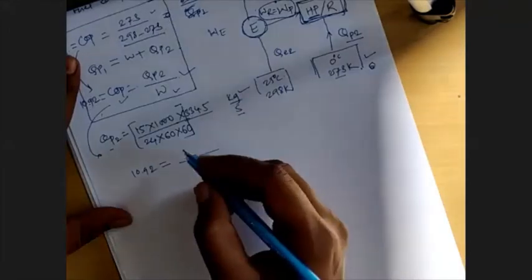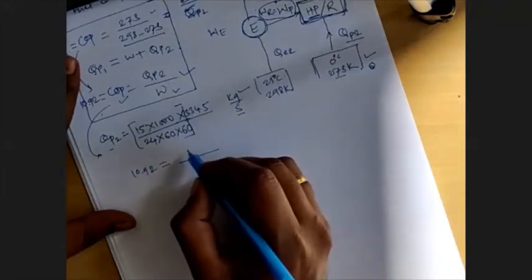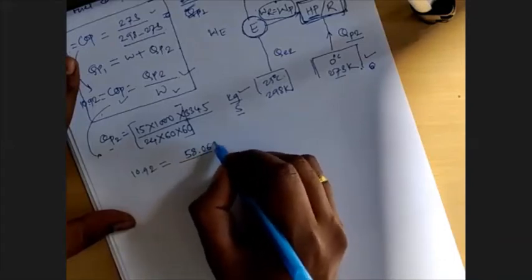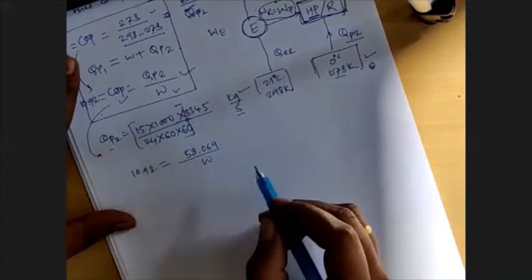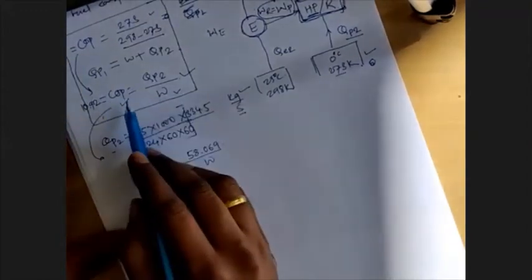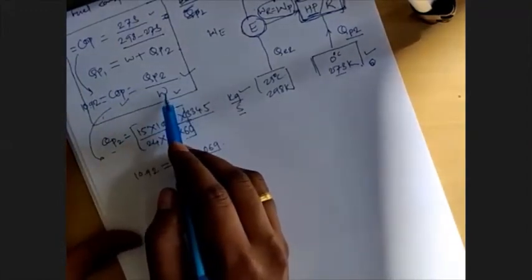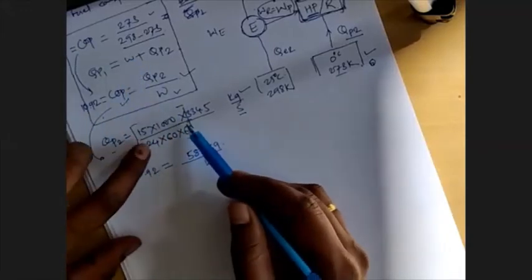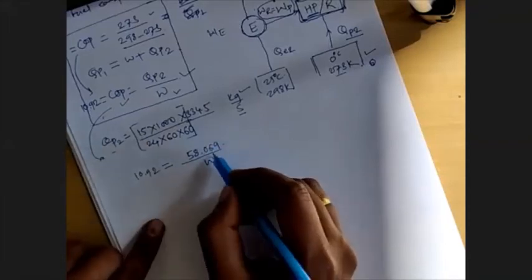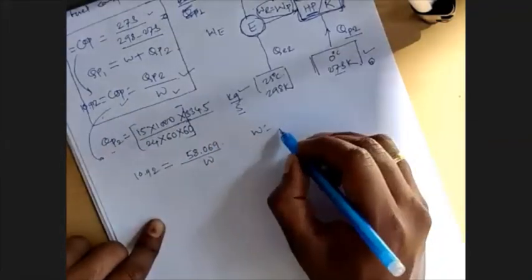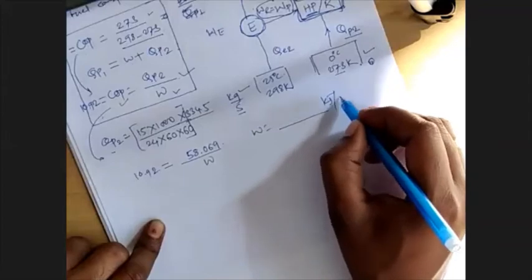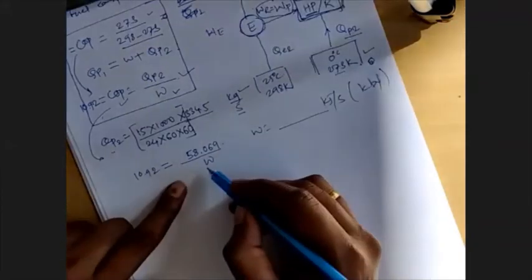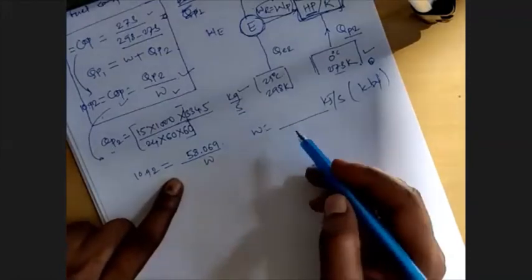What is it, Pratik? 58.069. Very good. Divided by W as it is. We are using this relation: COP is equal to QP2 by W. COP we already have calculated, and the QP2 we calculated from the given data. So when you solve this, you will get W, which is going to be in kilojoules per second or kilowatt. Solve this and let me know the W.